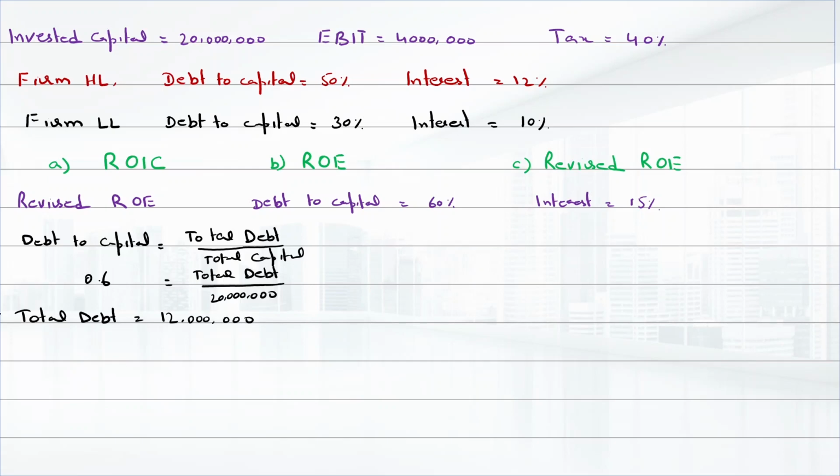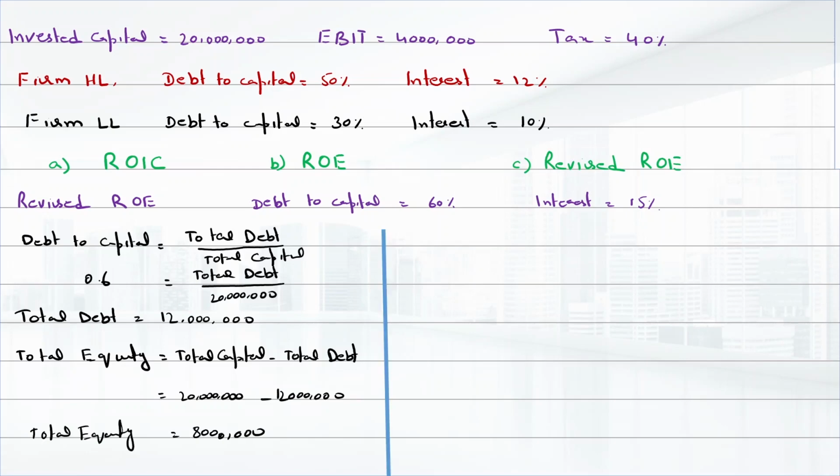And by using this, we can find the total equity, that is equal to total capital minus total debt. Total capital is 20 million minus the total debt is 12 million and the equity is $8 million.